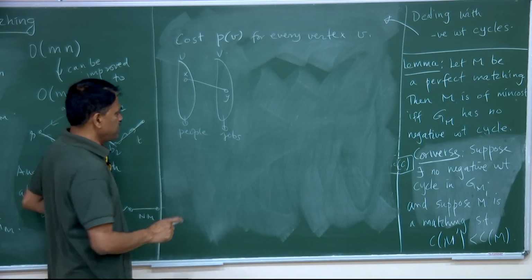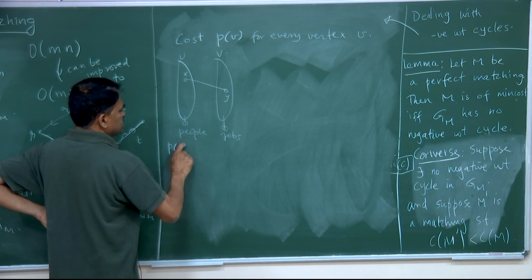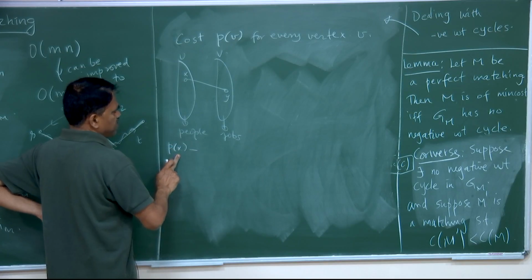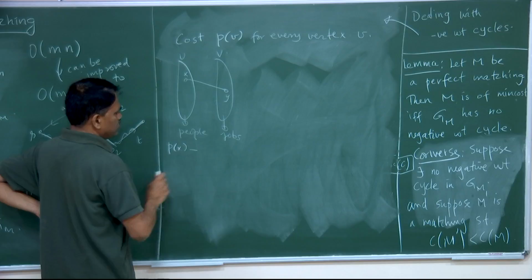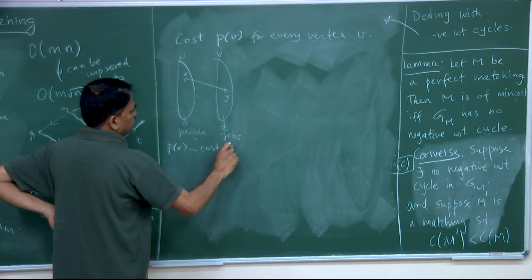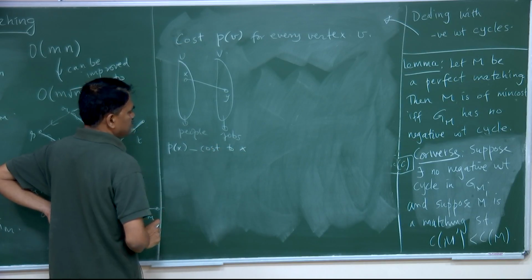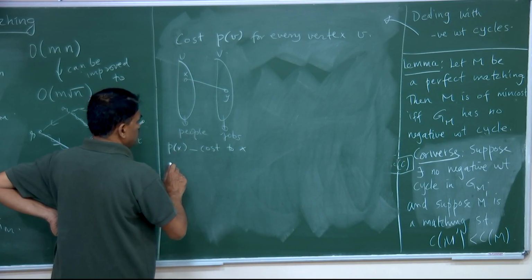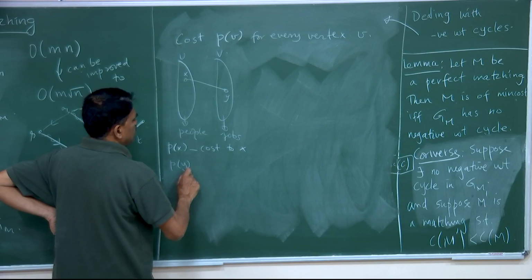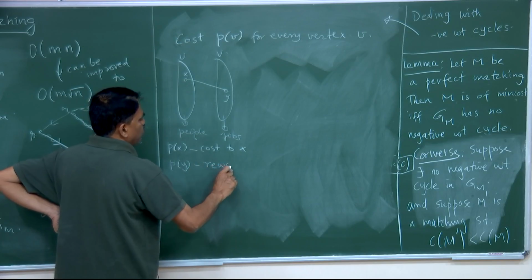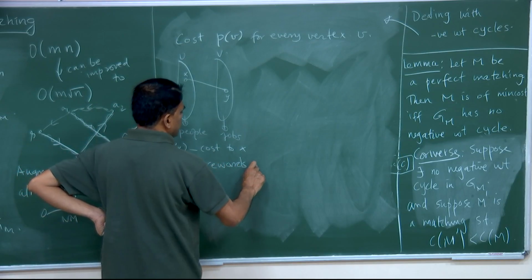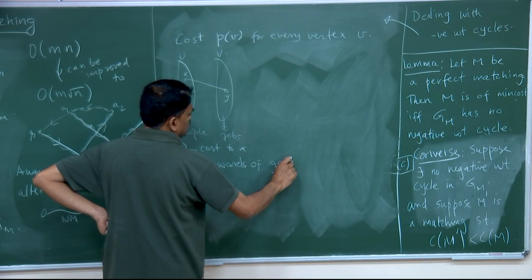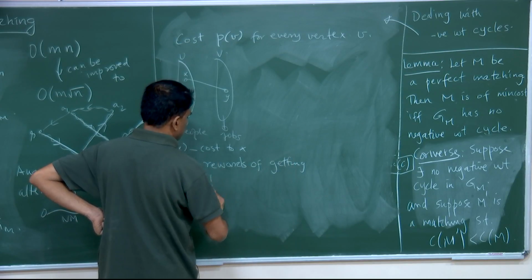So p of x is some extra cost I'm going to assign to x, and p of y is some reward of getting job y done.